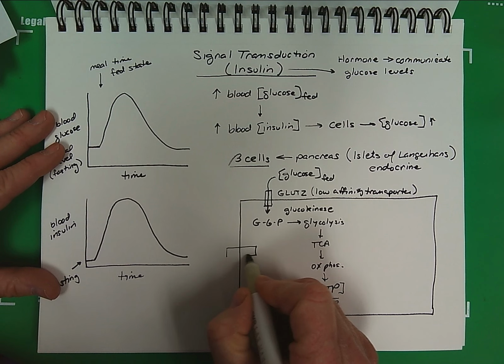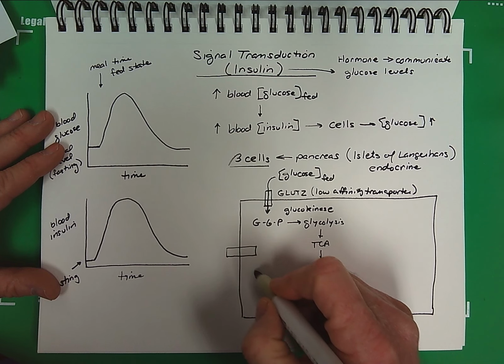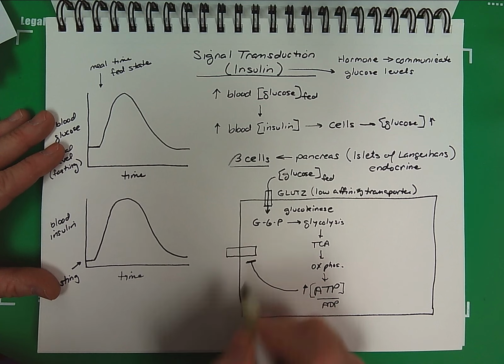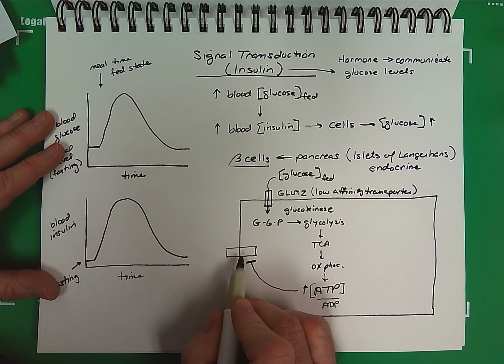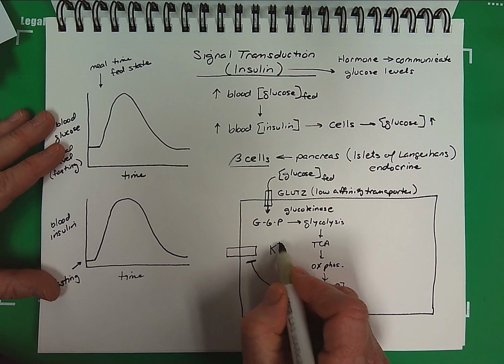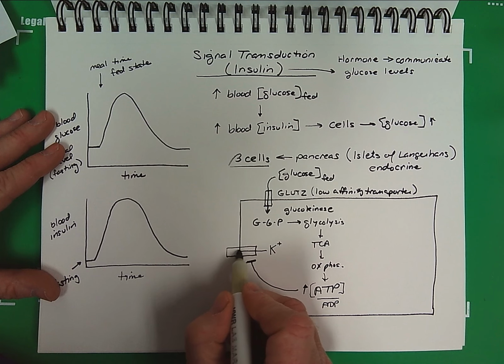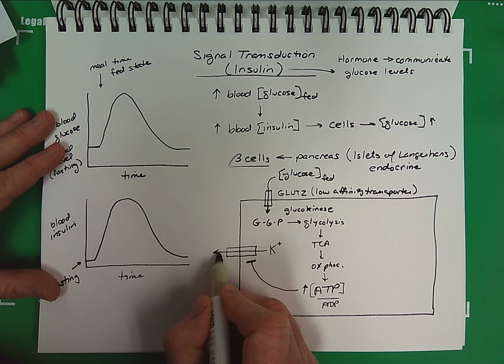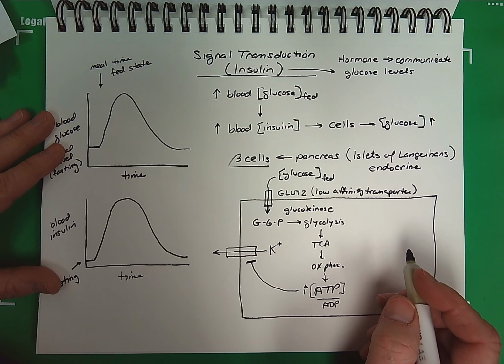Specifically, the elevated ATP concentration is going to be inhibiting an ion channel. This ion channel is responsible for transporting potassium out of the cell.